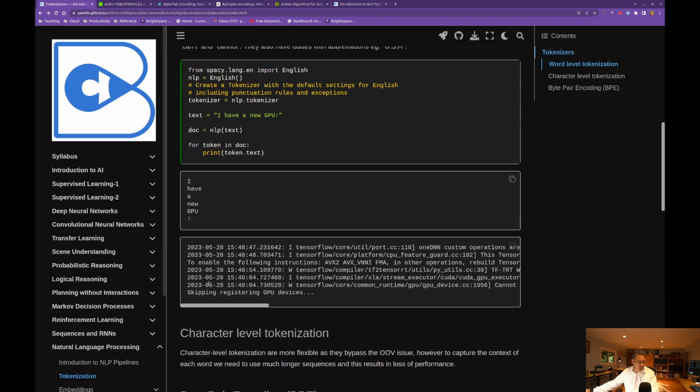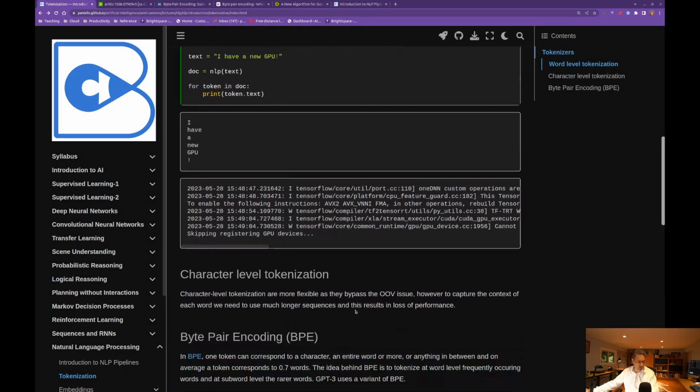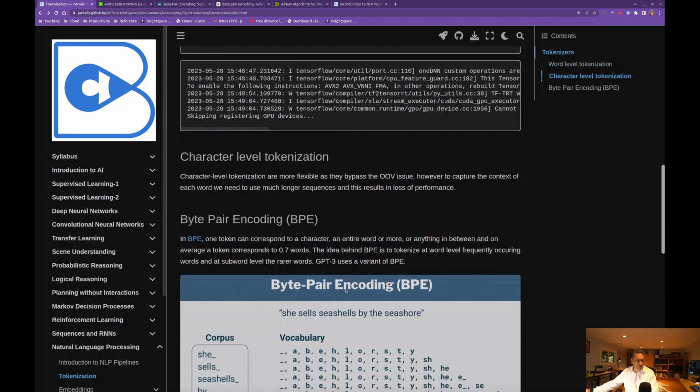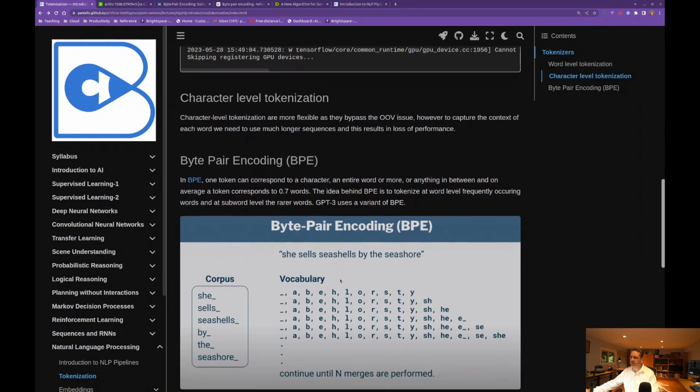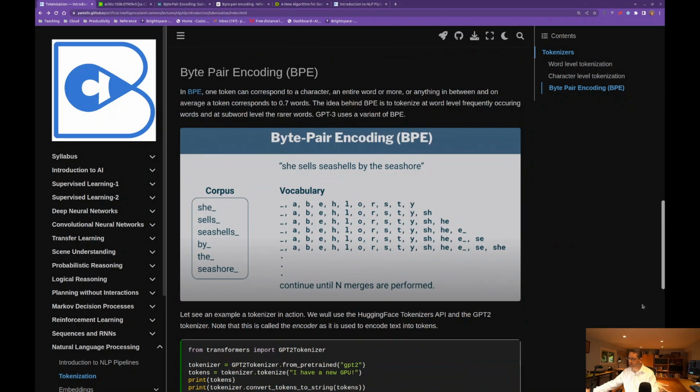That's the reason why character level tokenization, although it works, is probably geared for small experiments, and does not have the performance of what we will end up doing, which is the so-called byte pair encoding, one of the many subword level tokenization approaches, which we'll discuss now.